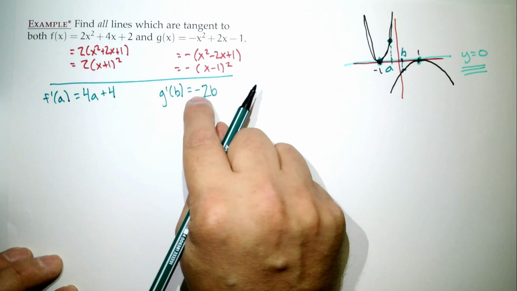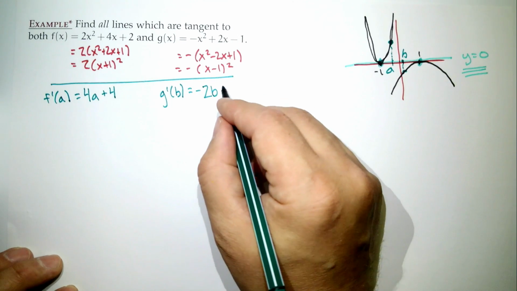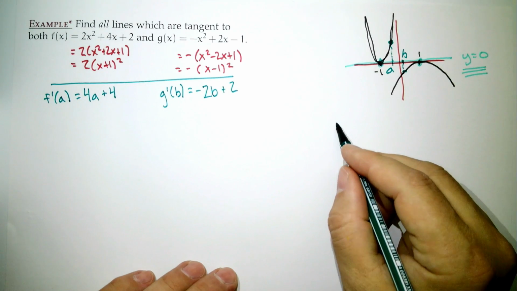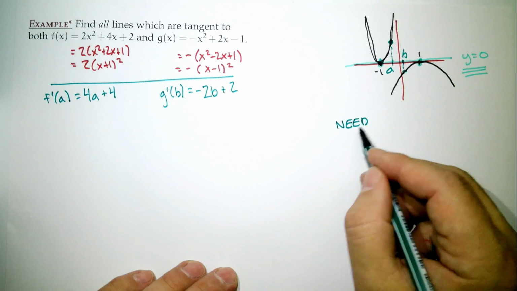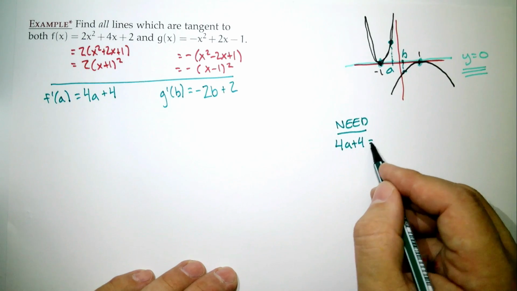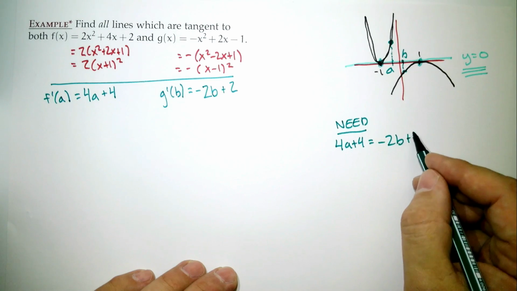Well, it's negative, so it's probably the negative 2b, and then plus 2. That would be if you ran through the limit definition. After you do about 2 or 3 of these with quadratics, you always see the same thing over and over. In the interest of time, we're going to skip that. So here's something that we have to have. We need to have that 4a plus 4 had better be equal to negative 2b plus 2.